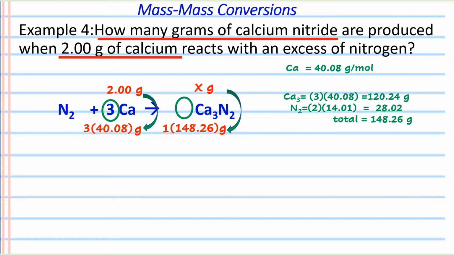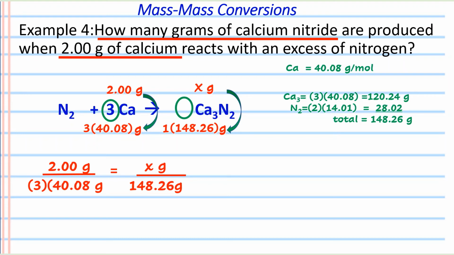So remember, the information from the question went above the equation. The information from the balanced equation goes below. And now we're ready to set up our proportion. We have 2.00 over 3 times 40.08, and we're going to set that equal to x over 148.26.